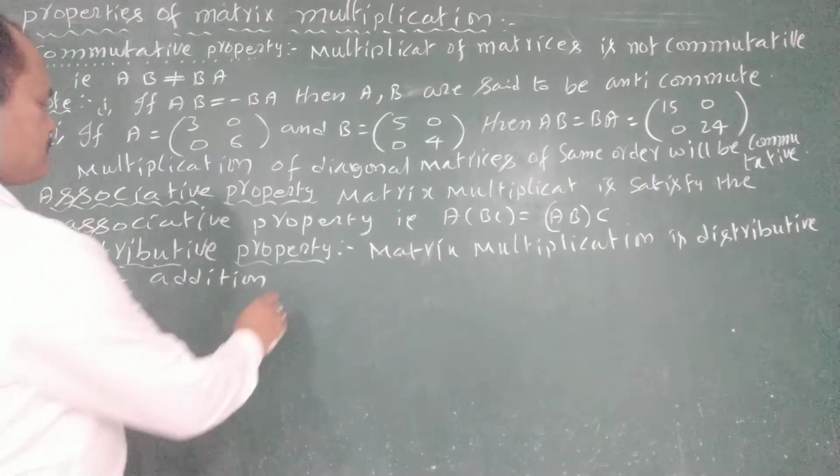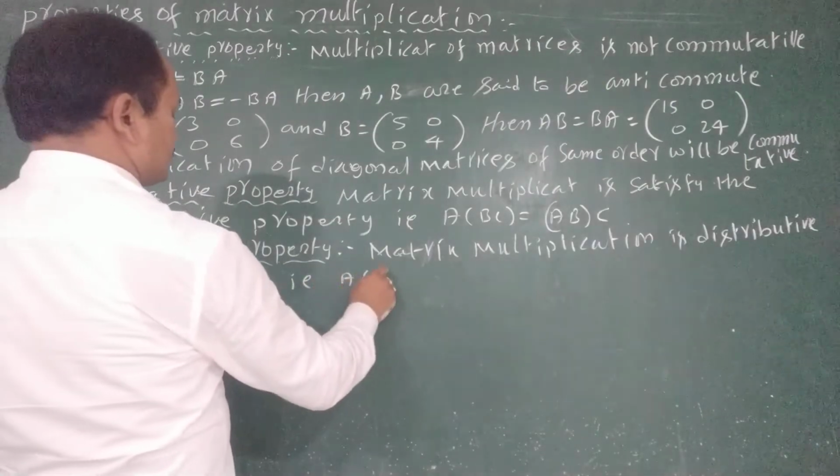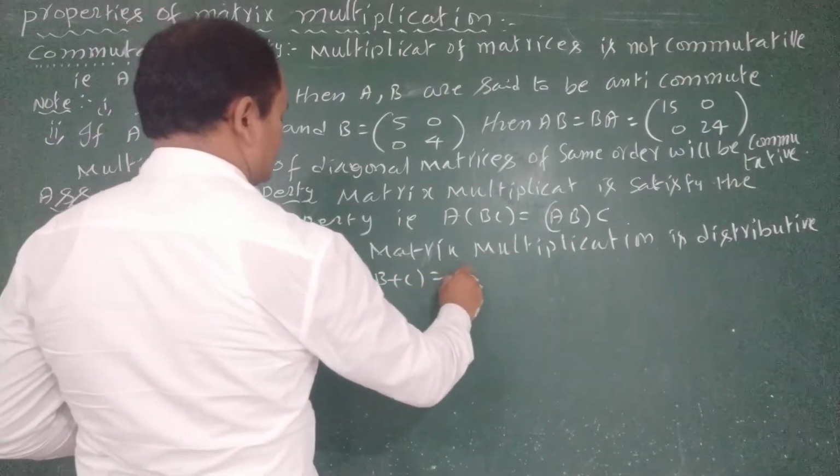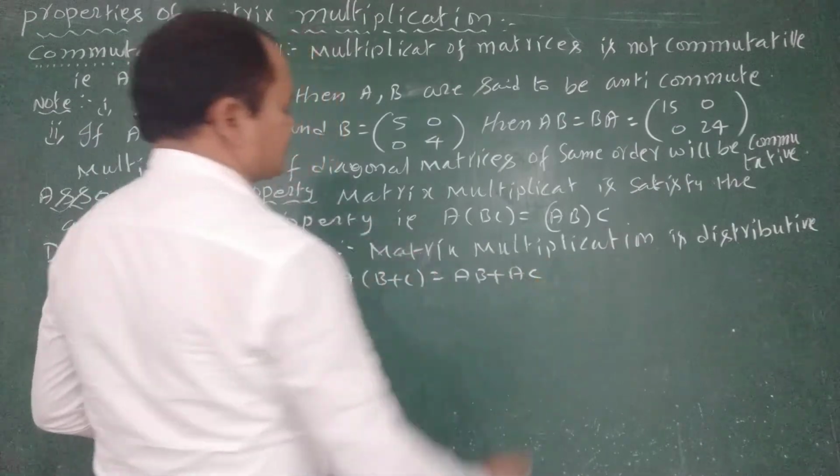That is, A into B plus C is equal to AB plus AC.